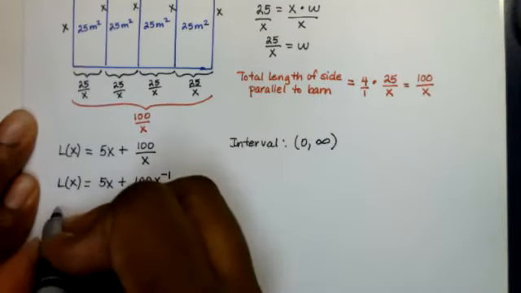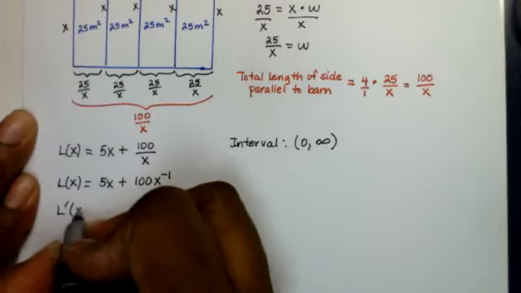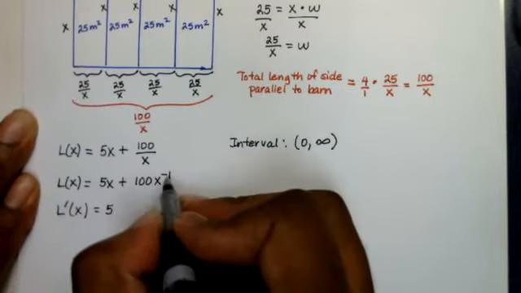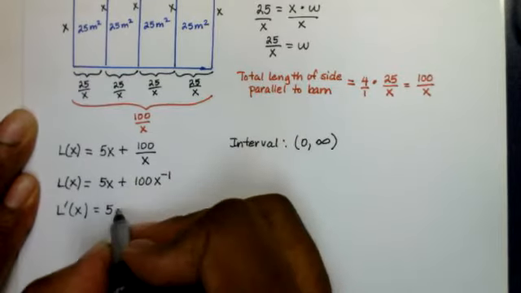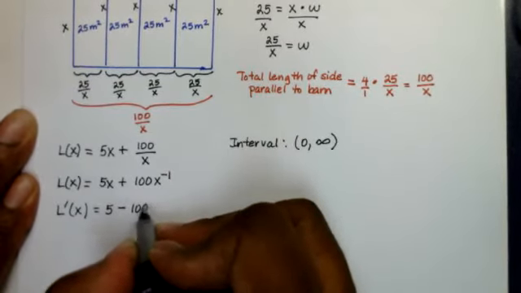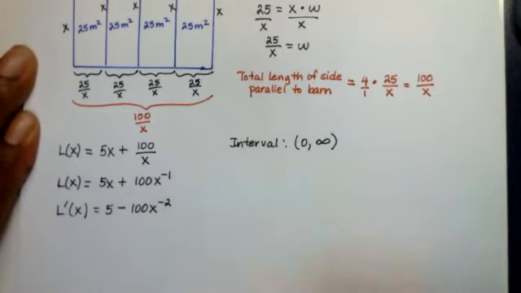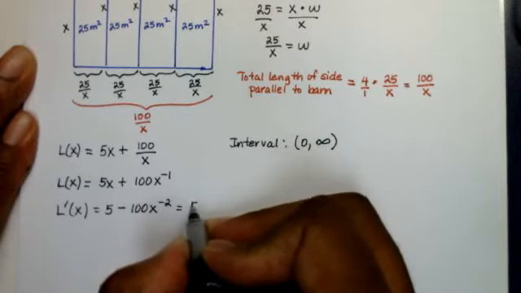And then take the derivative of that. So L prime of X would be, the derivative of 5X will be 5. Now, if I bring the -1 in front, it'll be minus 100. Copy the X down to the 1 less power, -2. And then I'll go ahead and rewrite that using positive exponents.